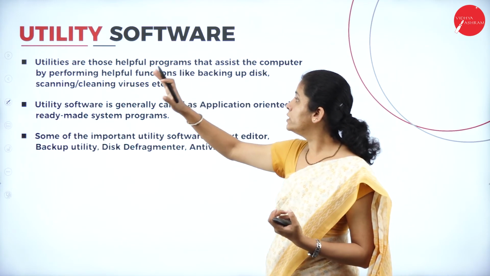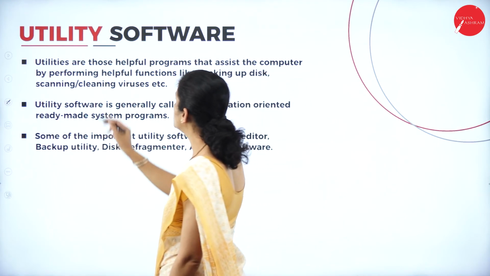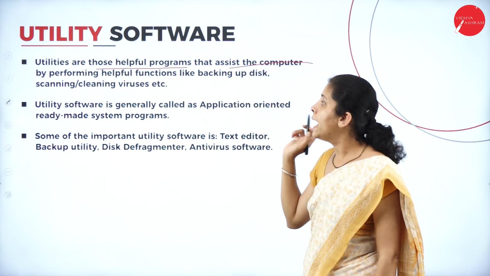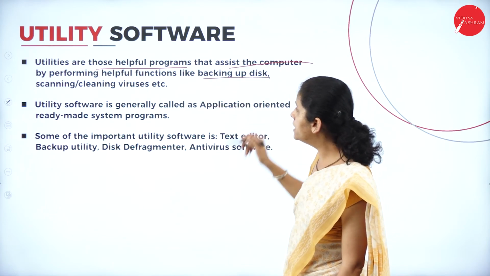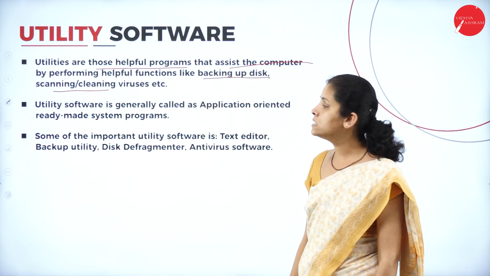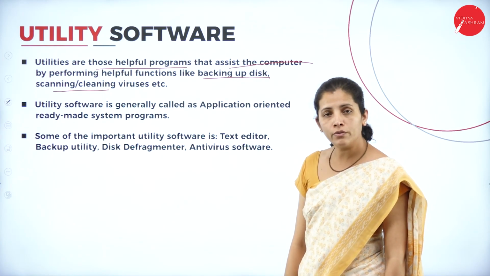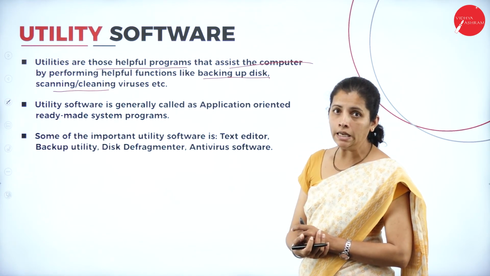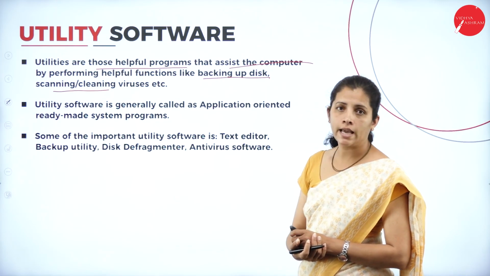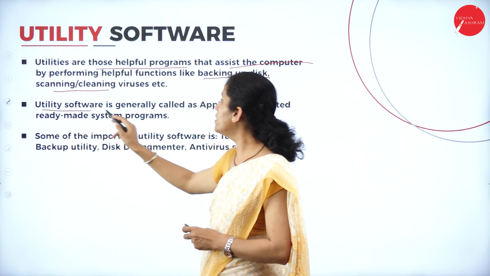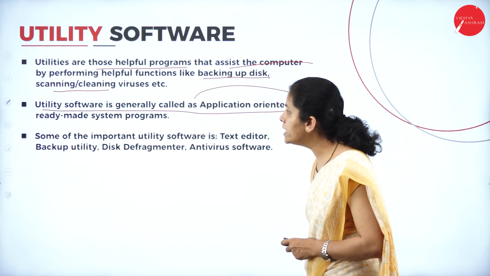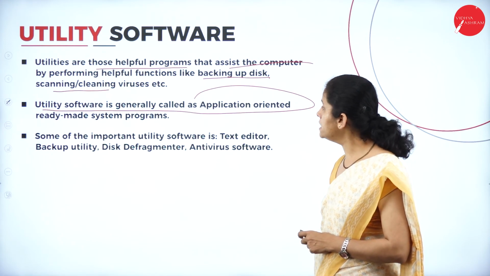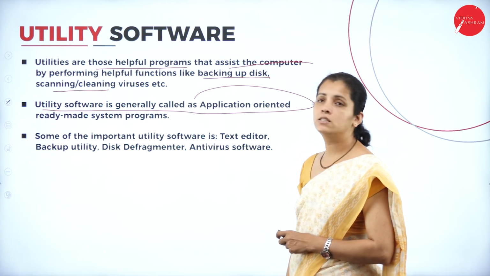Utility software consists of helpful programs that assist the computer in performing helpful functions like backing up disks, scanning, cleaning viruses, etc. Utility software is generally called application-oriented ready-made system programs.